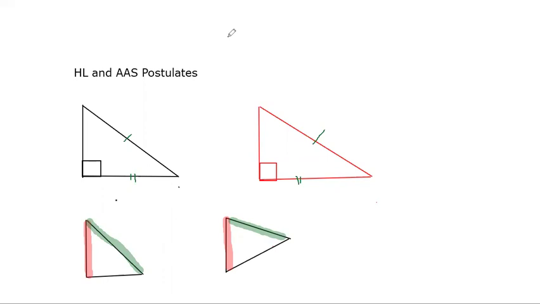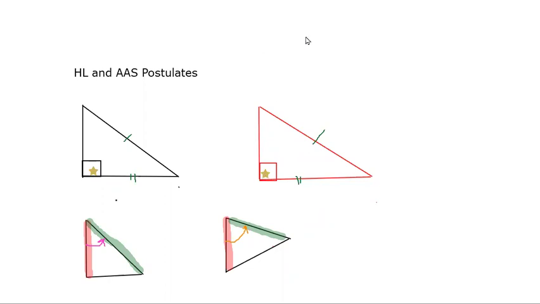this angle here is a lot smaller than this angle here. Those angles are different, therefore the triangles are different. But when you have a right triangle, you have those angles set because of that 90 degrees.